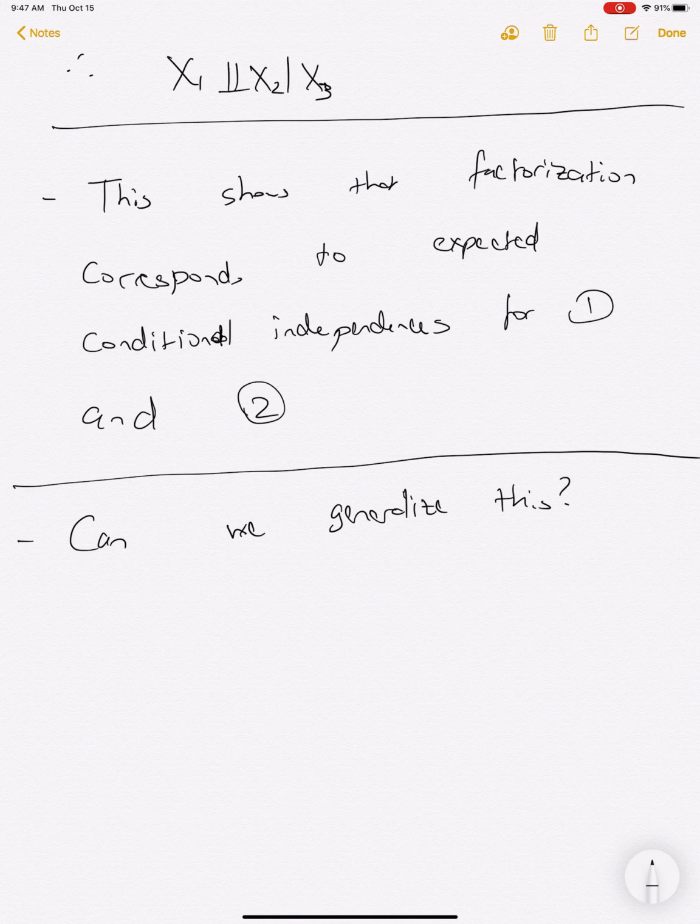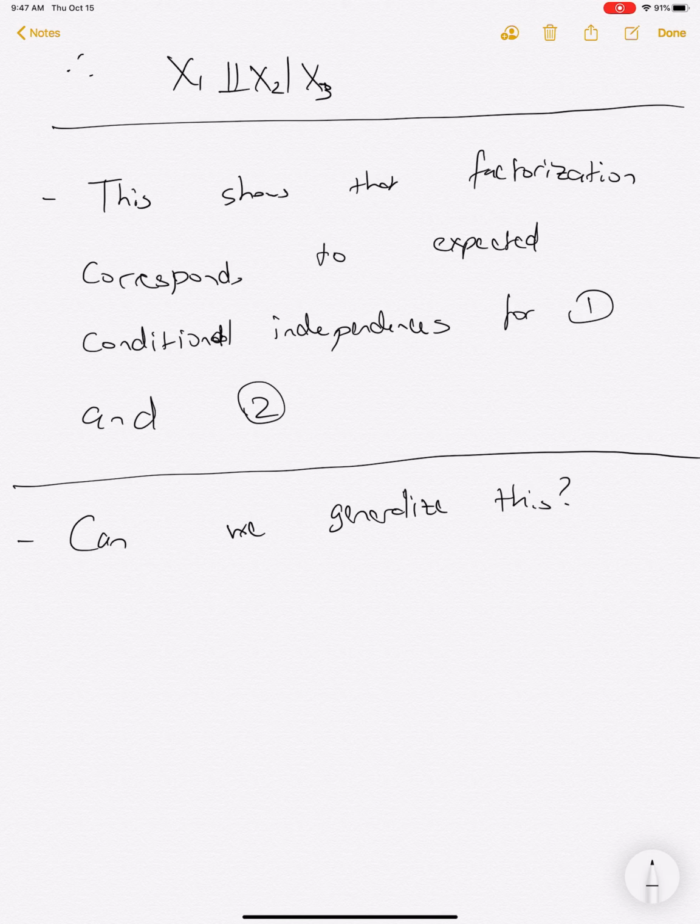I've told you a priori that the edge and the non-edge corresponds to, for graph 1, x1 independent of x2. For graph 2 it corresponds to x1 independent of x2 given x3. Can we actually generalize this?